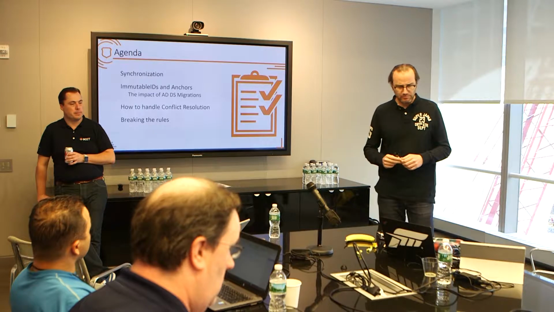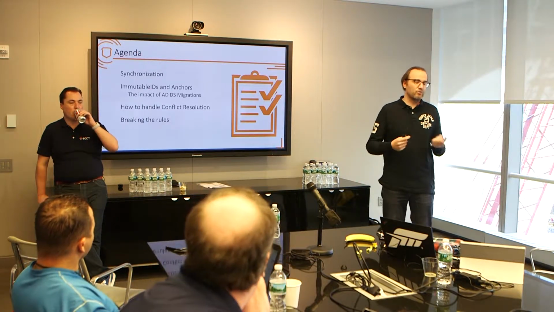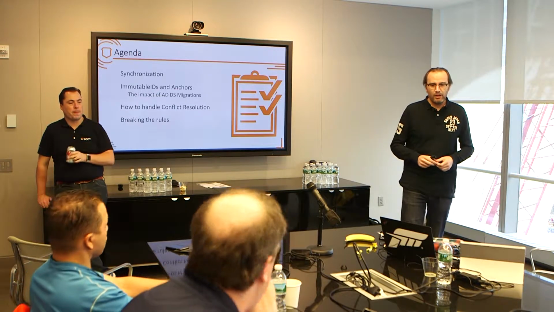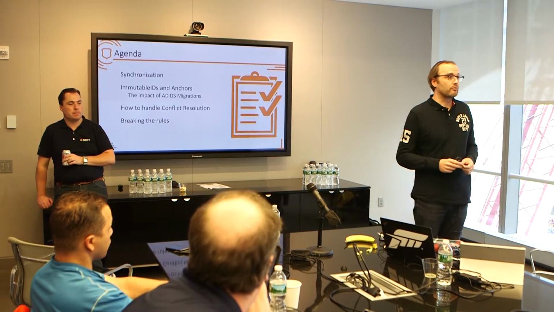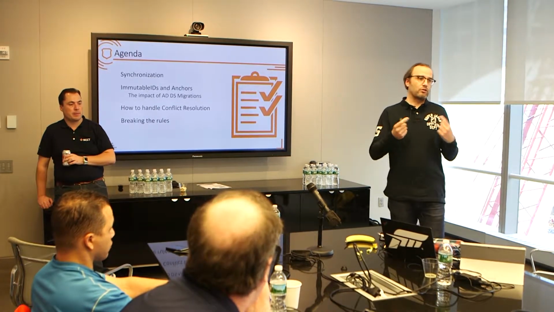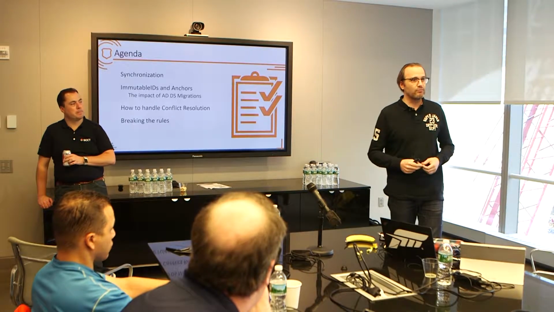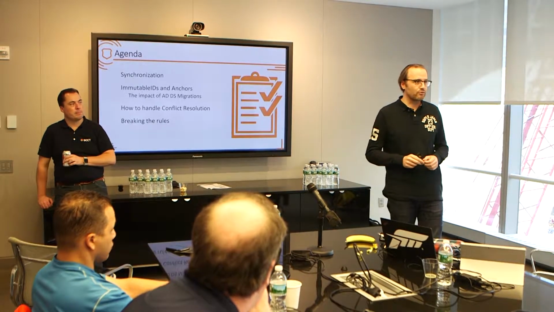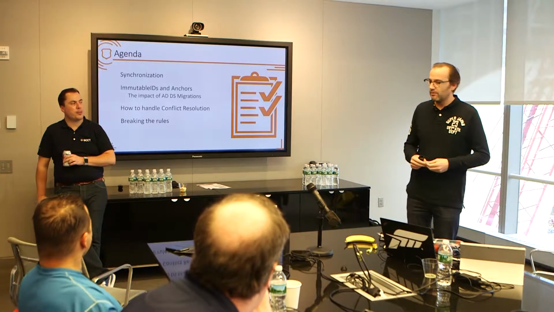We're going to look at what immutable IDs are, what kind of anchors we have, why they matter, and their impact on Active Directory migrations. If you're looking at acquisitions and mergers, in order to connect those two accounts, or when you do a migration and want to make sure people can still access their Office 365 mailbox, that's what we'll be looking at today.